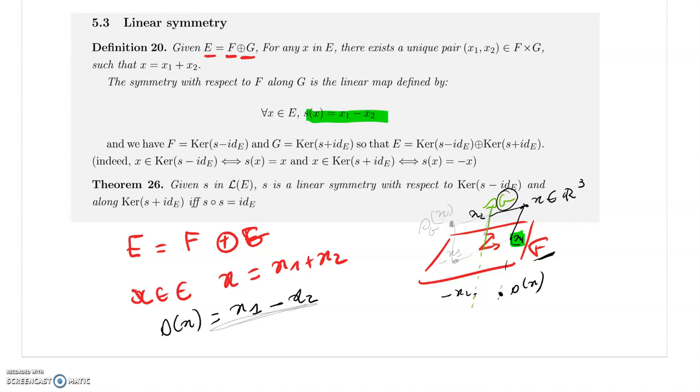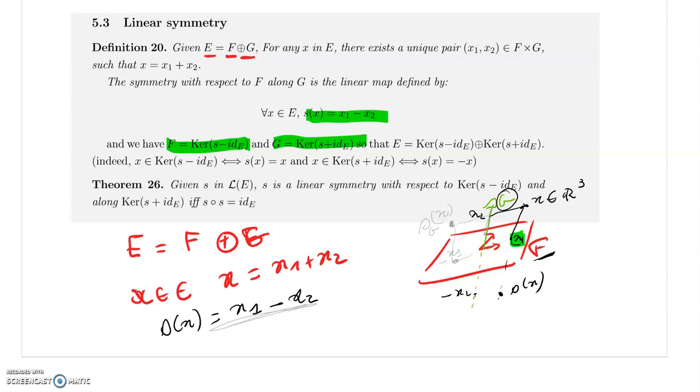All right. So what do we have in that? That's the definition. So one way to do something similar to what we had previously is that the space F, the one with respect to which we take the symmetry, is going to be the kernel of S minus the identity, and the other space G is going to be the kernel of S plus identity.